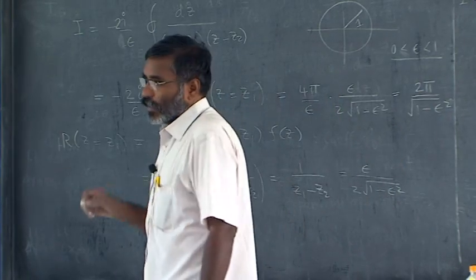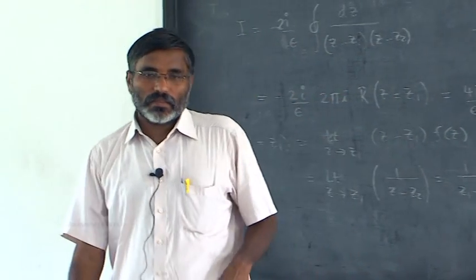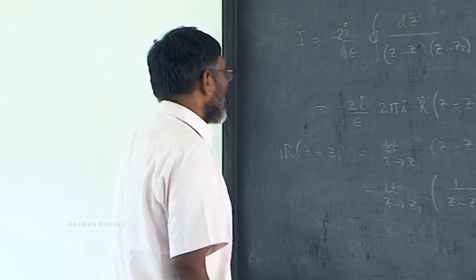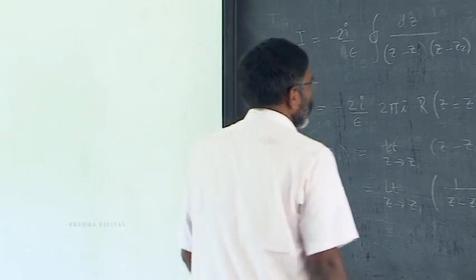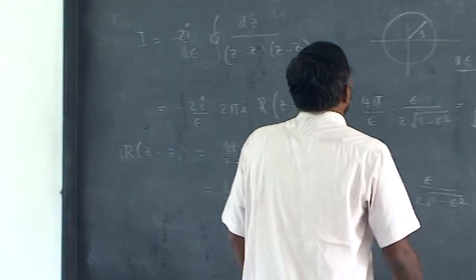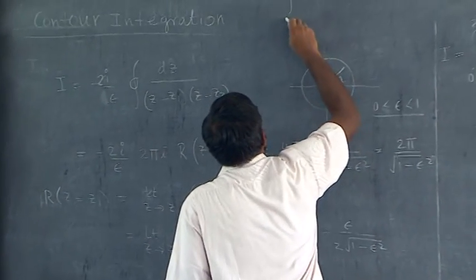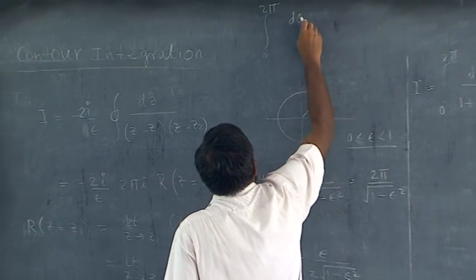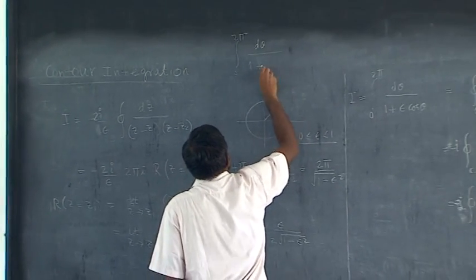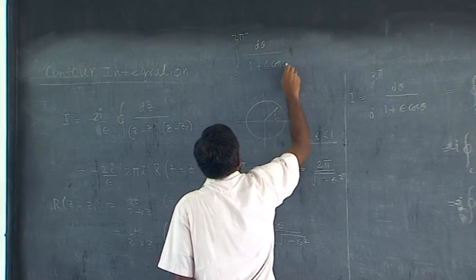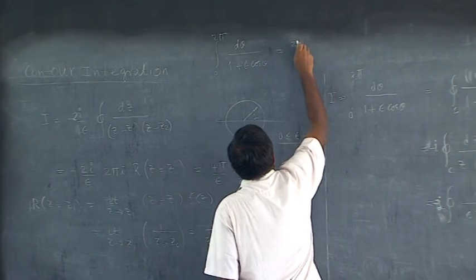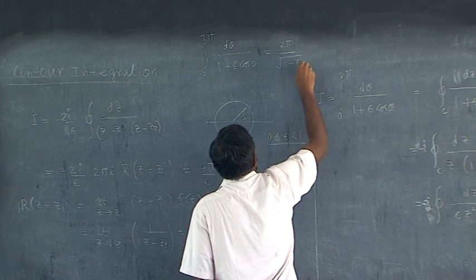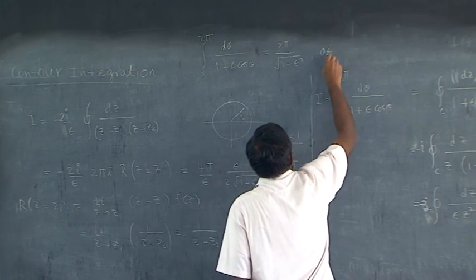So this integral is 2 pi by square root of 1 minus epsilon square. So we have integral 0 to 2 pi d theta by 1 plus epsilon cos theta is equal to 2 pi divided by square root of 1 minus epsilon square, if I assume epsilon is less than 1.